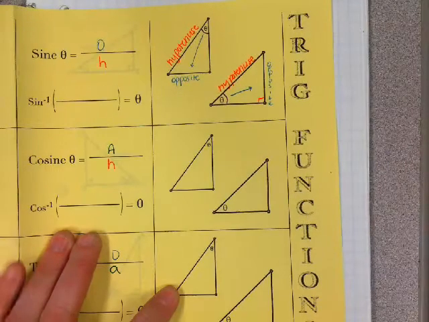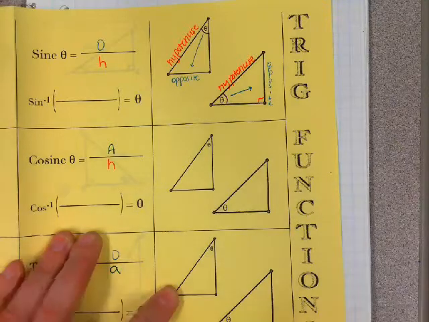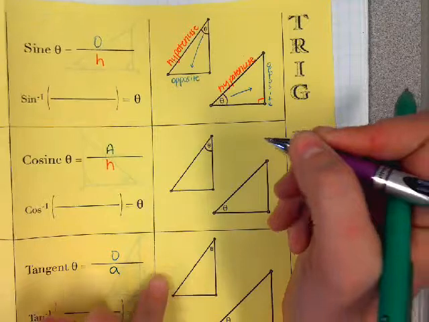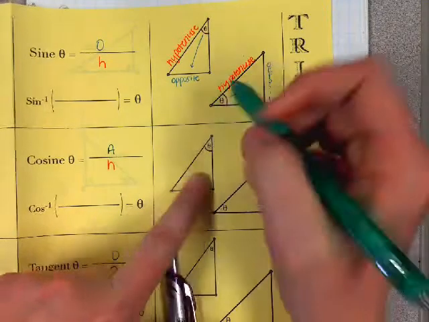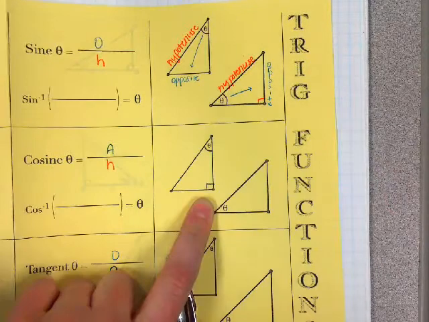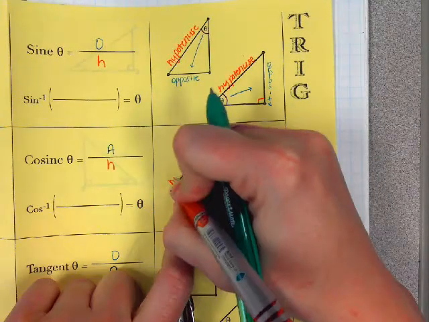Okay, if we're doing cosine, you would do the side adjacent. So this angle is still theta. If we're looking for adjacent, notice this is the 90 degree right here. So we know that has to be the hypotenuse.